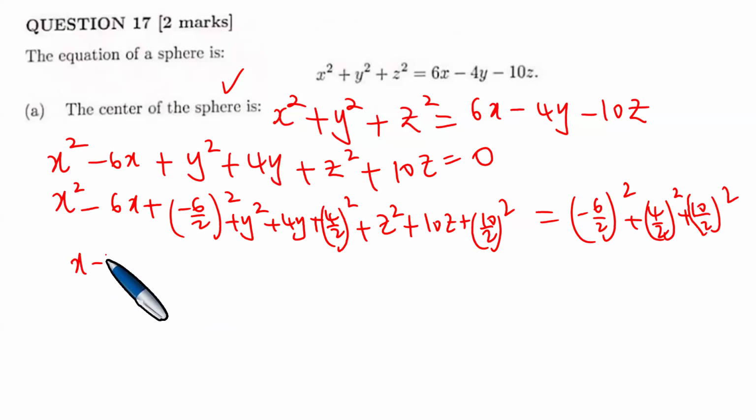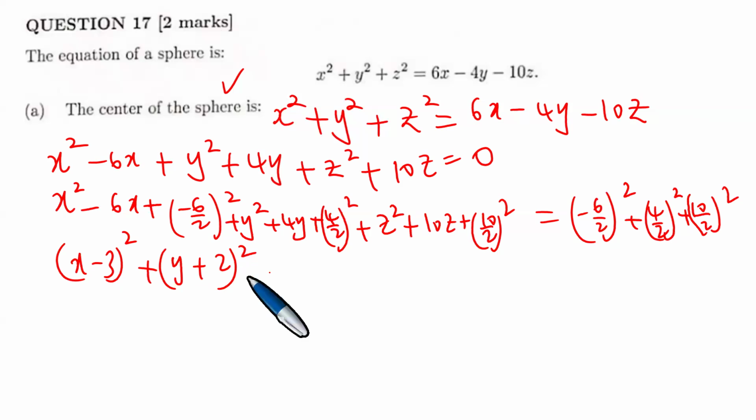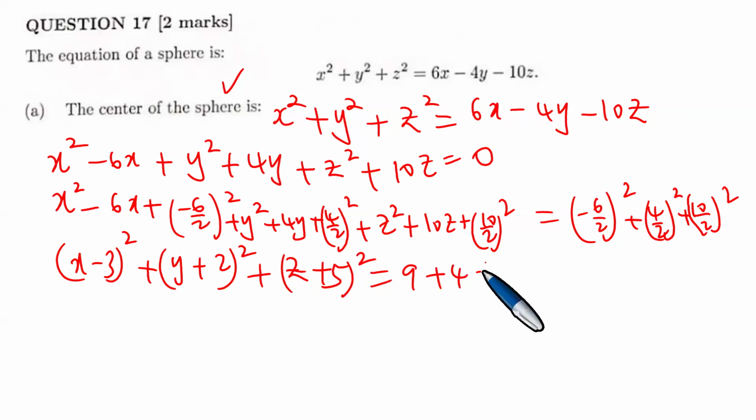So you have x minus 3 squared, y plus 2 squared, and z plus 5 squared, so that you have a 9, a 4, and a 25.